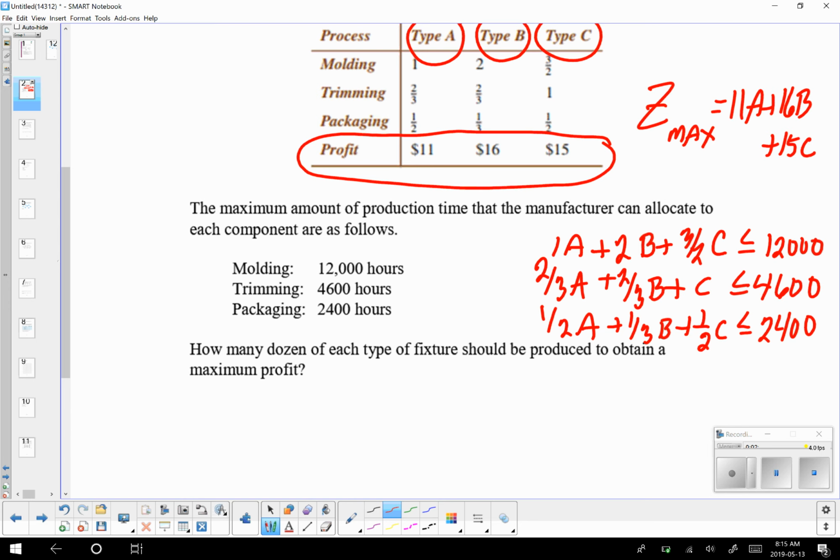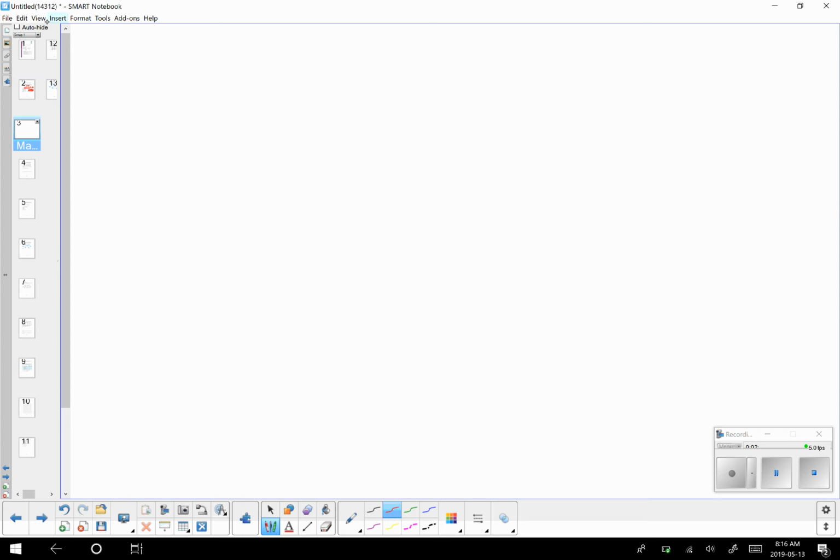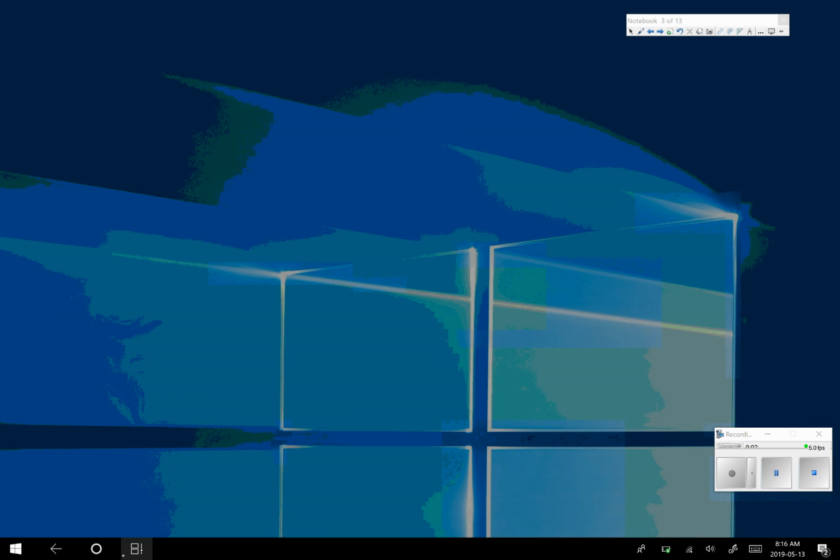So we're ready to start. We need to set it up in Excel. So let's get that part done.